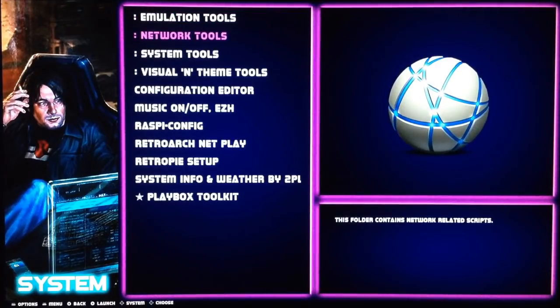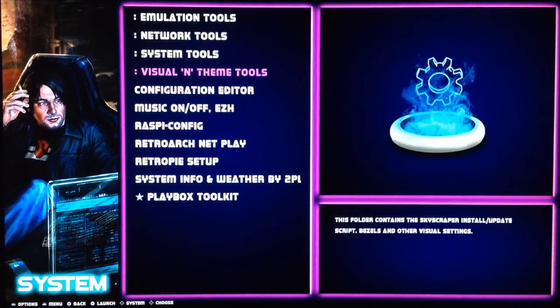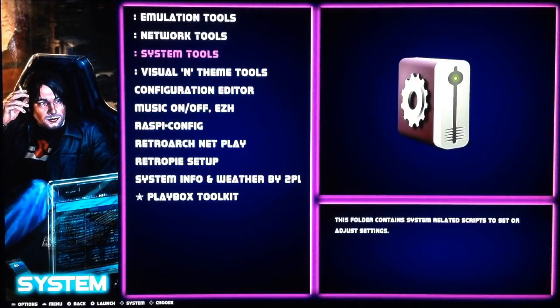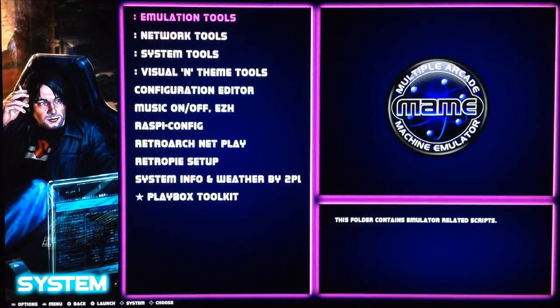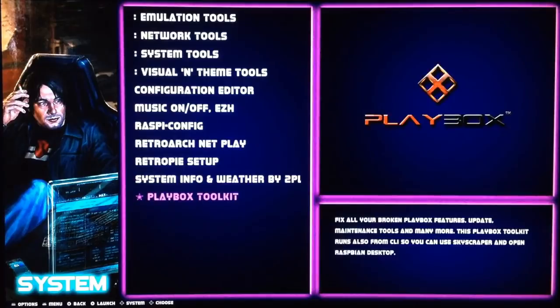from the Playbox. This image uses the Playbox, a custom version made by Toplay for DZ. This is a very special version. It still uses RetroPie, but it's different. You have all these new options, like the Playbox toolkit, which is fantastic.